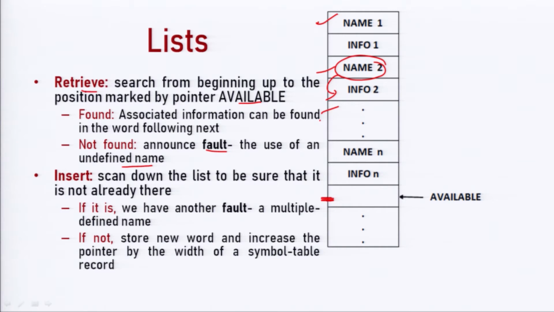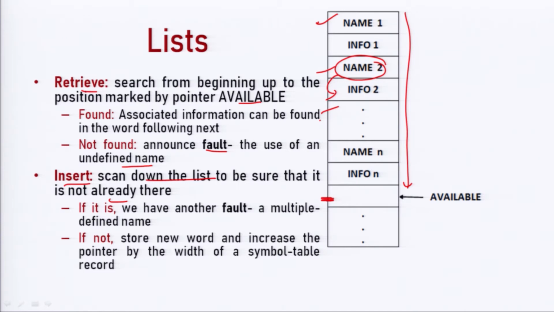Next is insert, meaning we want to insert a new record into the symbol table. For that purpose also, before inserting the new name into the symbol table, we scan down the list to be sure that it is not already there. Suppose we have the n plus 1th record, then we scan this table from top to bottom one after another, and if we do not find it, we store the new word and increase the pointer by the width of the symbol table record.